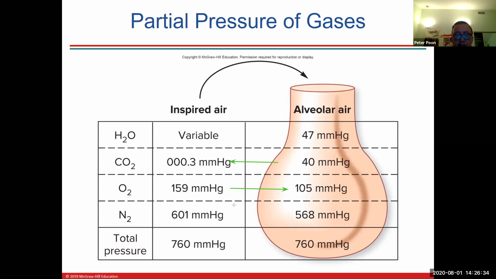It doesn't really matter which way it goes, and these two have to equal each other. So water also goes that way, right? So you breathe out water as well, for the most part.